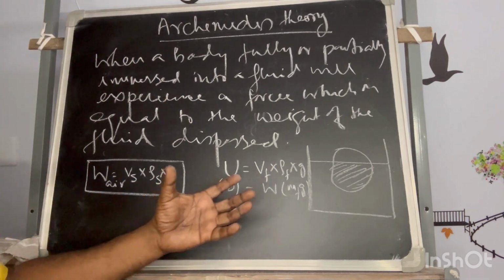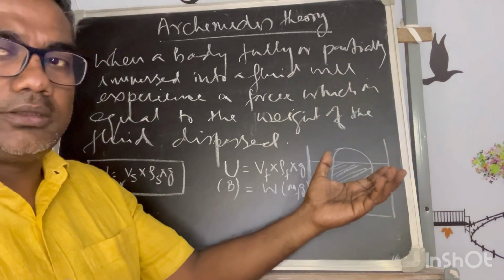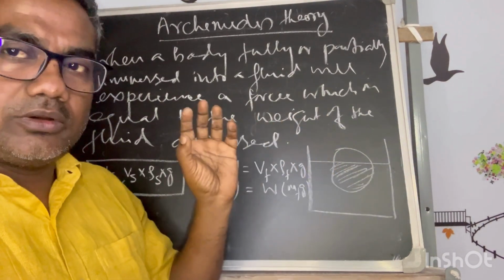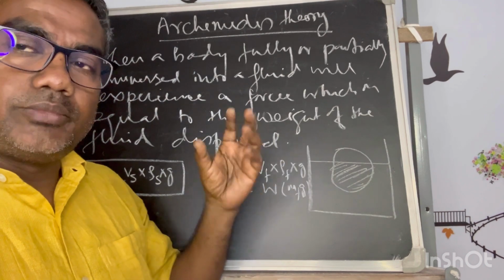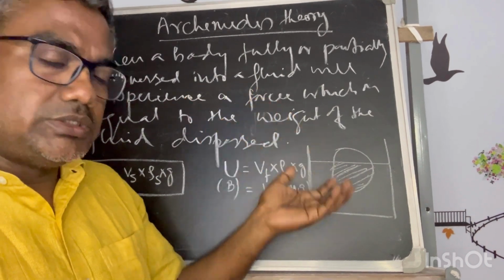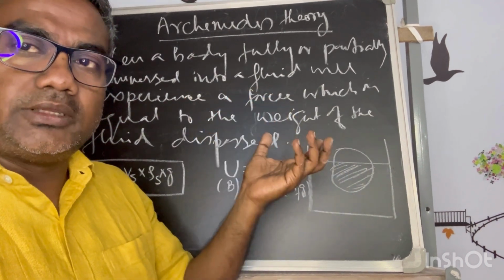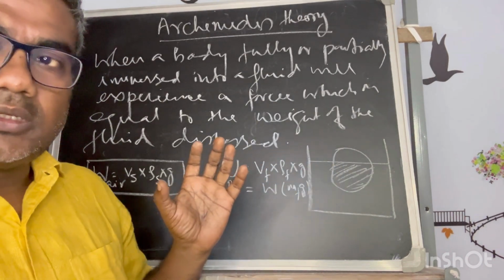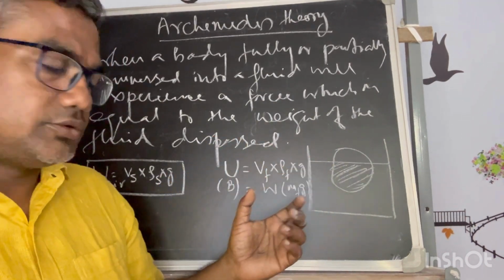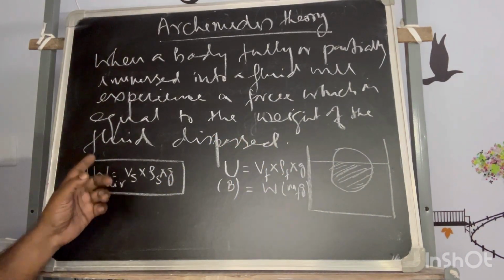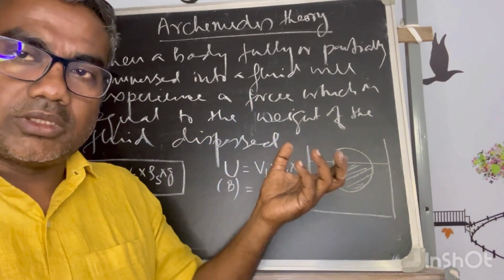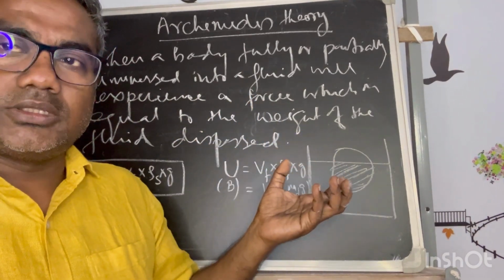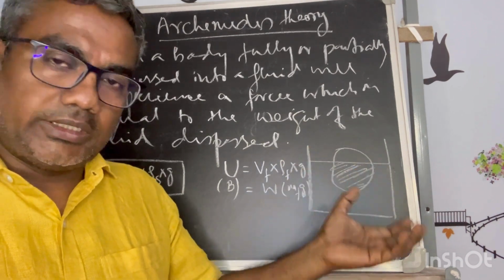So any matter kept in air has a weight of its own, and that is only affected by the buoyancy of the air, which we say is negligibly small for everybody. So the weight in air is assumed to be the weight of the body itself; we are not considering the buoyancy due to the air.